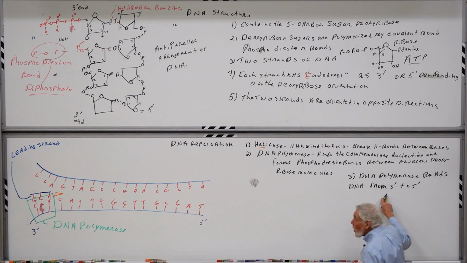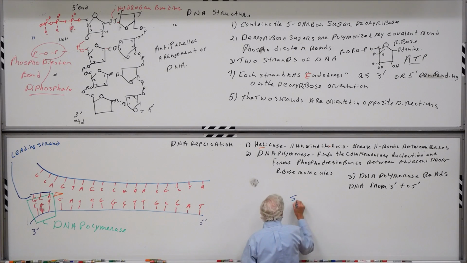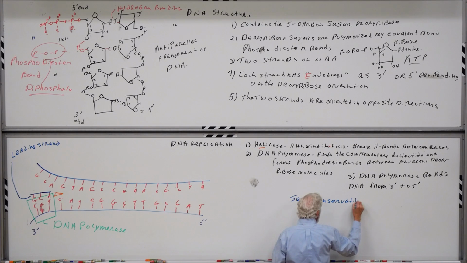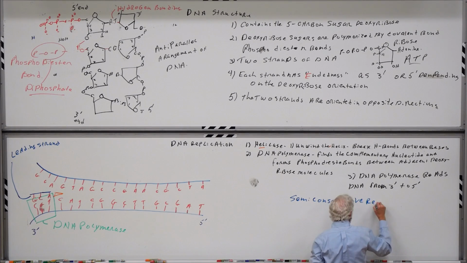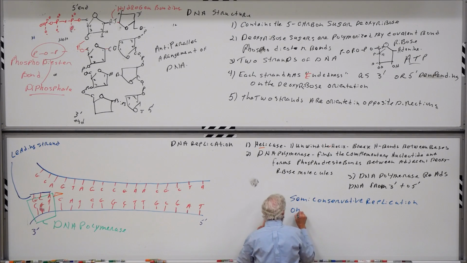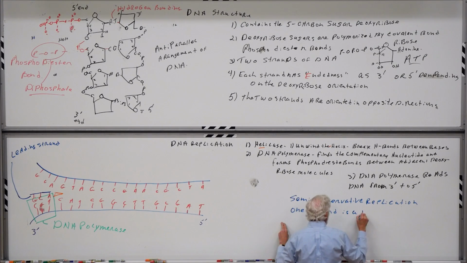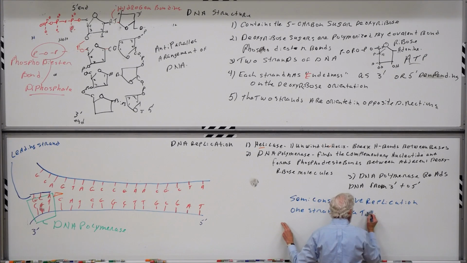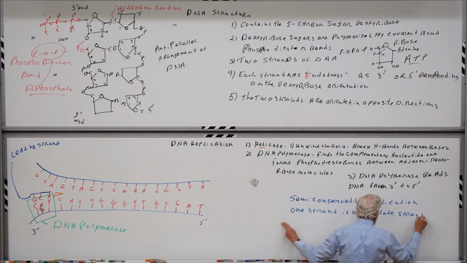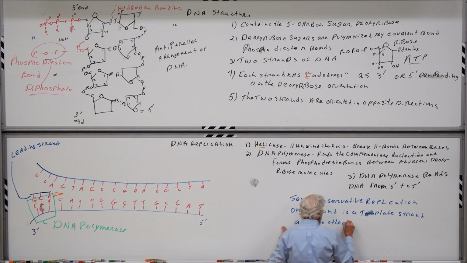The polymerase can only read 3' to 5', and yet we said with semi-conservative replication, one strand is a template strand, and the other is a new strand.